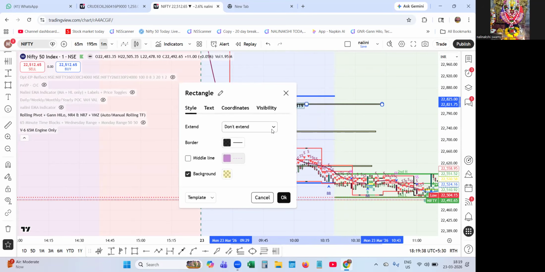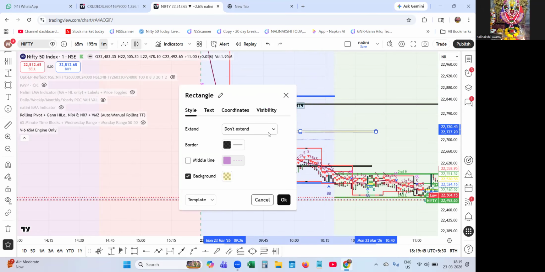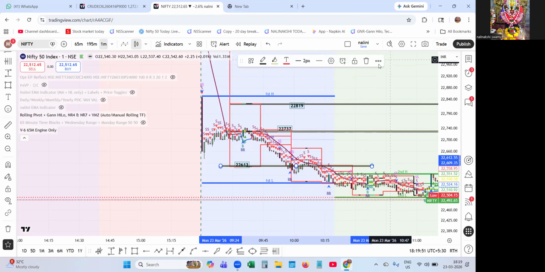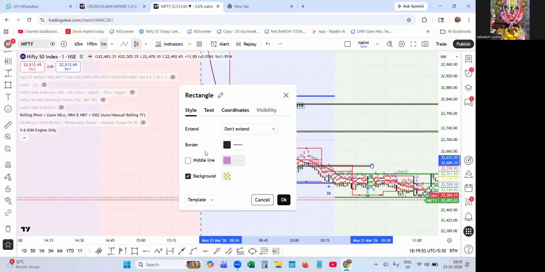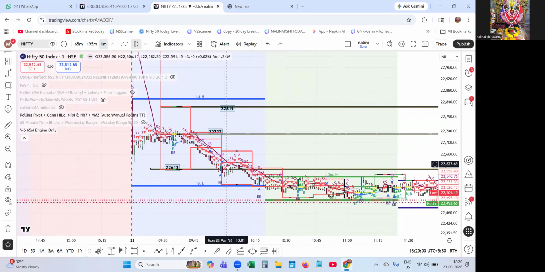So let us extend all the lines so that they will stay on the chart. Style, extend right, and this one, let me extend right. Okay, so I've got the 3 lines over here.